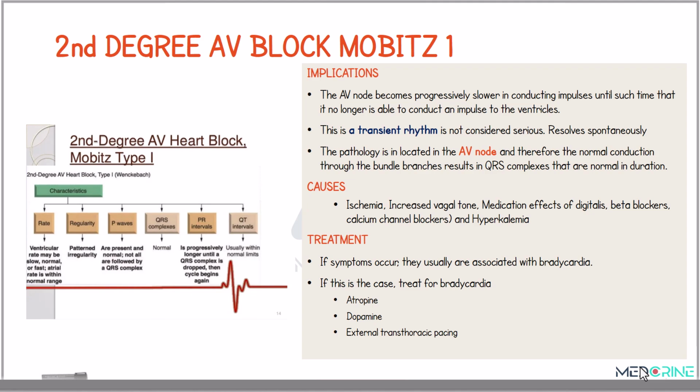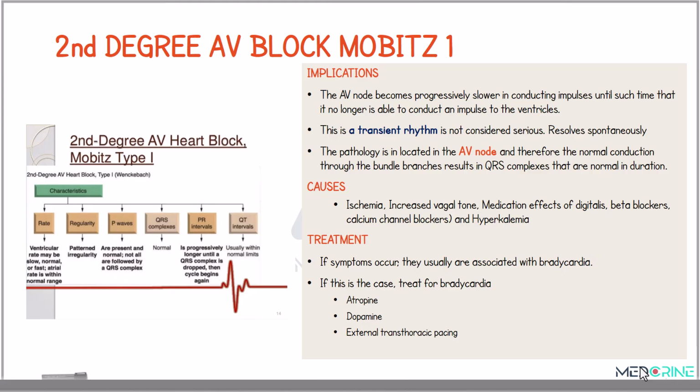And for you to understand better, as we said earlier, the pathology of this type of heart block is located in the atrioventricular node, and therefore the normal conduction to the bundle branches results in the presence of a normal QRS complex that has a normal duration and normal structure.